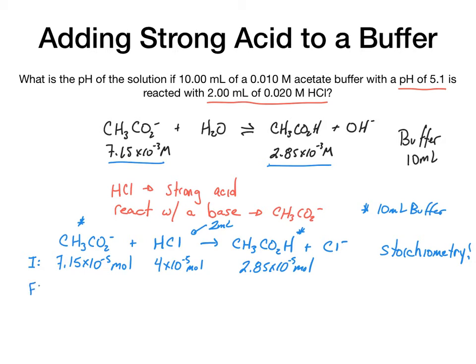And so a reaction occurs. In this case, we have a 1-to-1 ratio, so we know that our HCl is going to be the limiting reagent, leaving us with 3.15 times 10 to the minus 5 moles of acetate and 6.85 times 10 to the minus 5 moles of acetic acid.